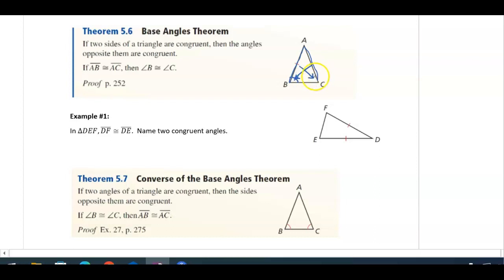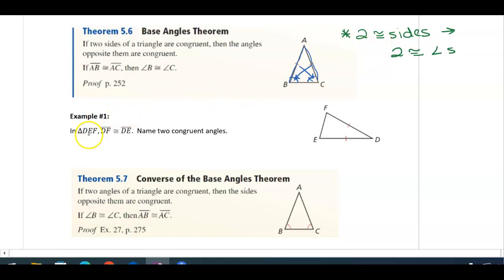In a triangle, if you have two congruent sides, you have two congruent angles, always. The angles opposite the congruent sides are the two angles that are congruent.